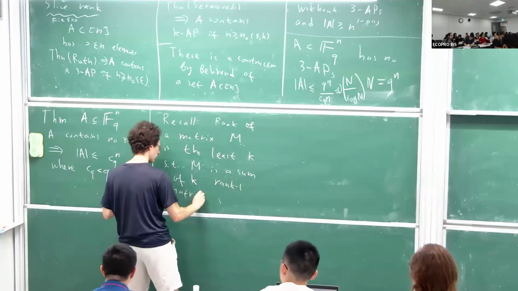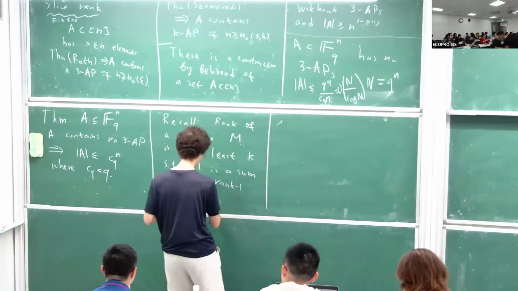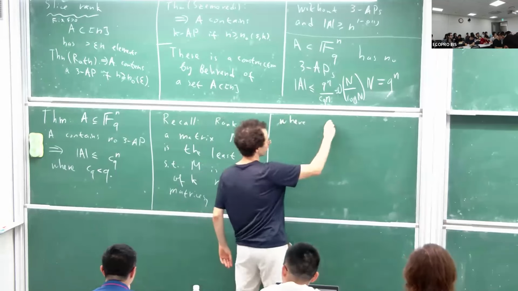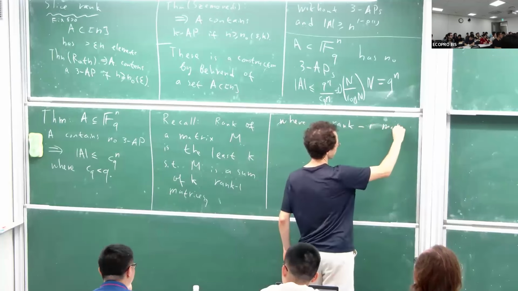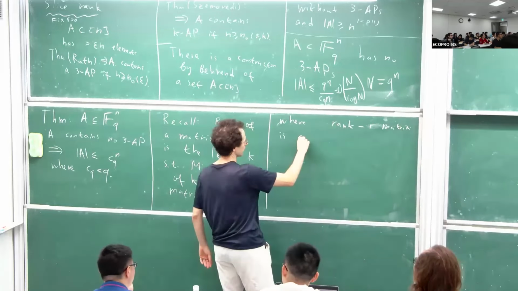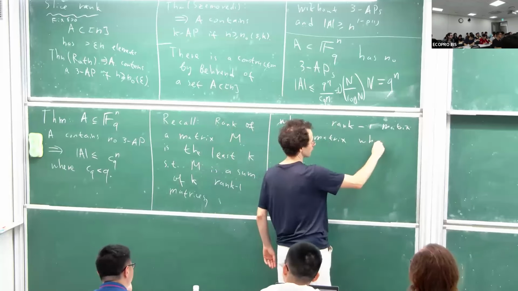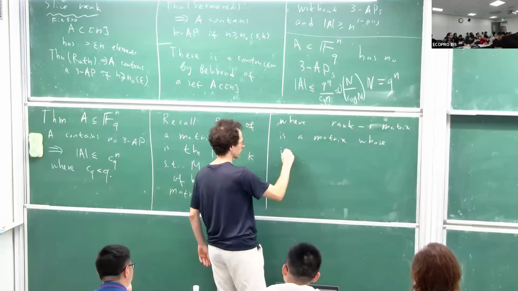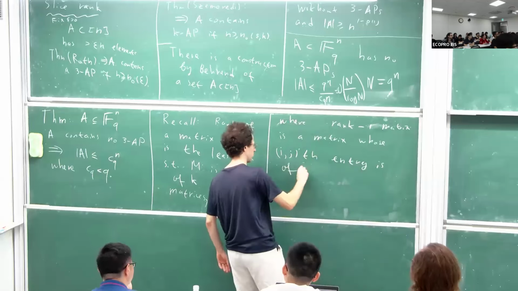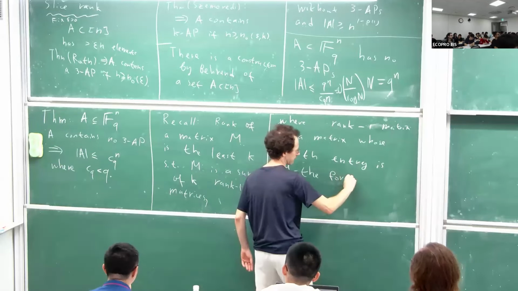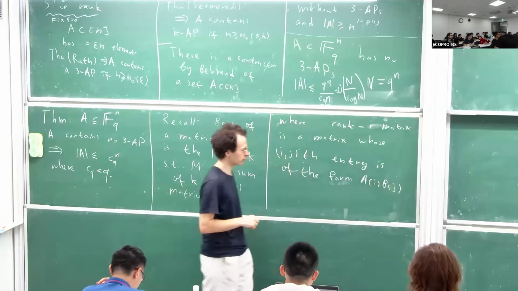And what is a rank 1 matrix? A rank 1 matrix is one whose ij entry is of the form a_i times b_j.